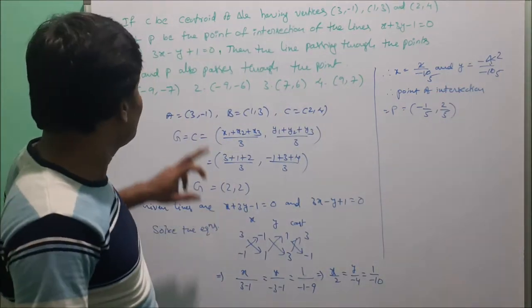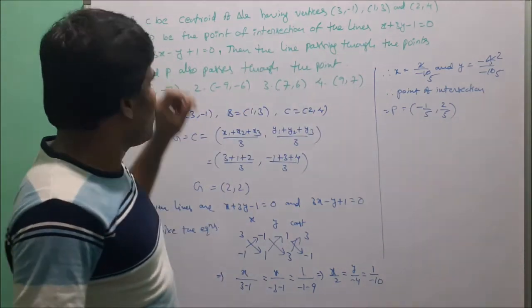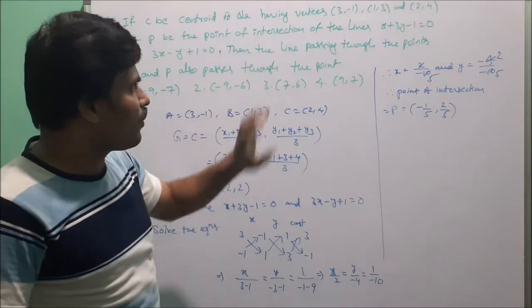Now the line passing through the points C and P also passes through another point.